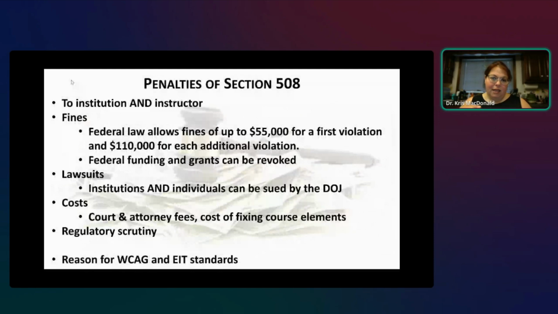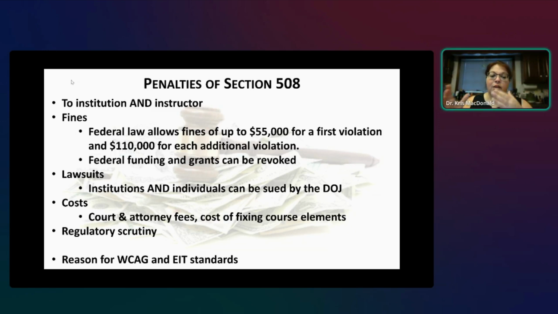So 508 of the Rehabilitation Act says that things that are online, so this means websites. This also means stuff that is on an LMS, learning management system. So if there are materials that are accessible online, they have to be accessible.